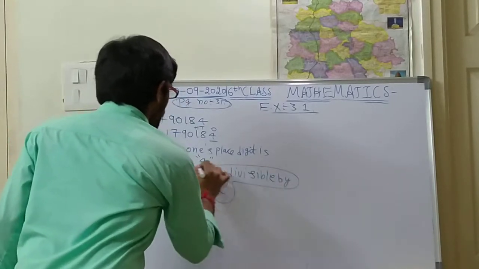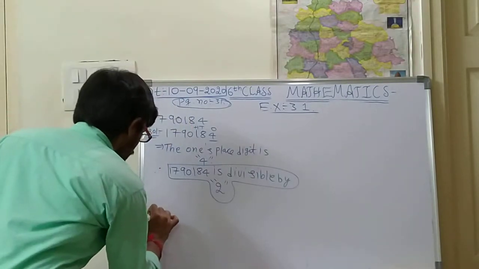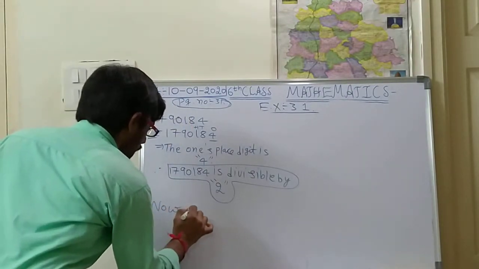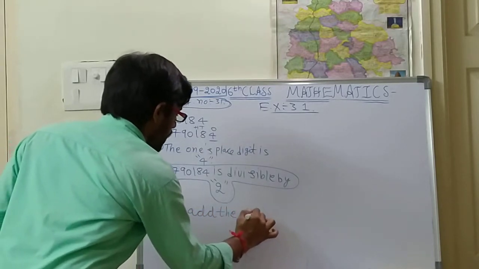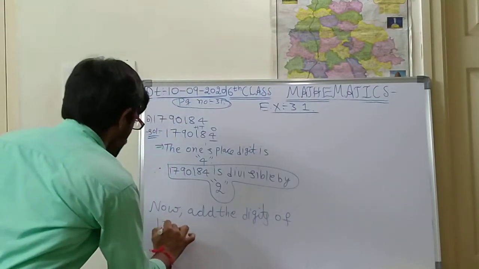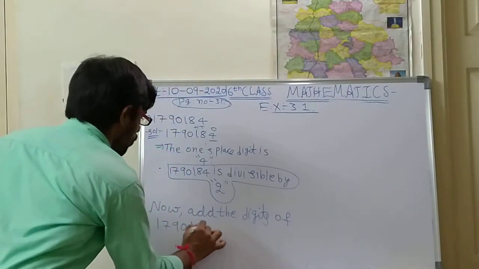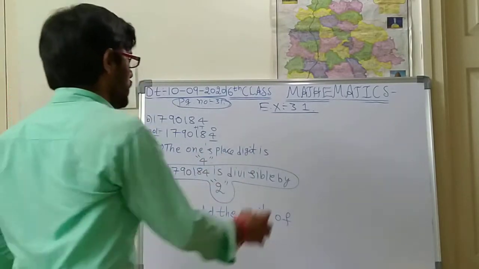Now we have to check the divisibility rule of 3. Now add the digits of 1790184. We have to add all these digits.